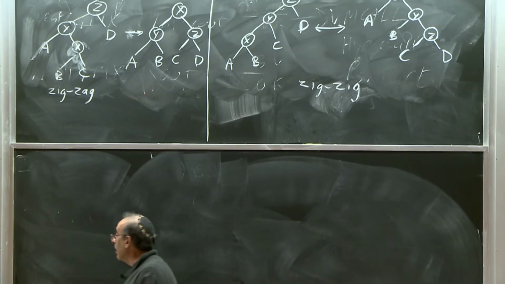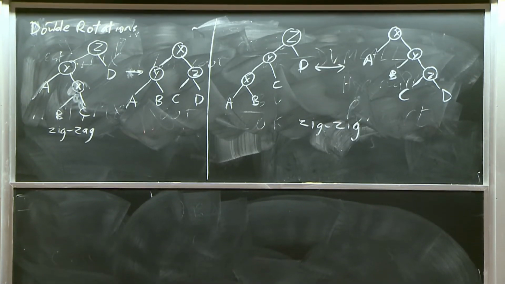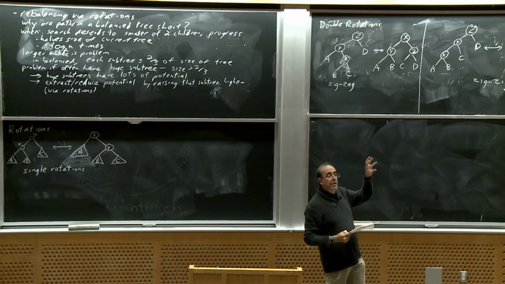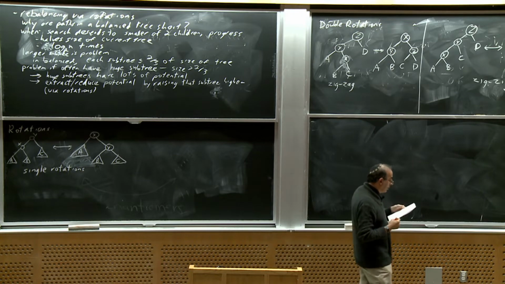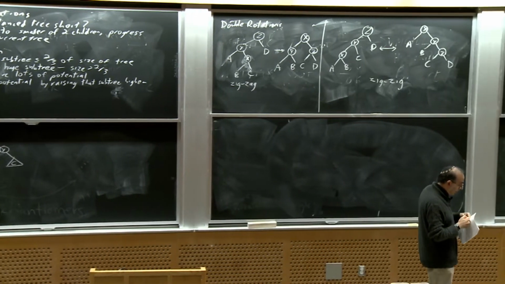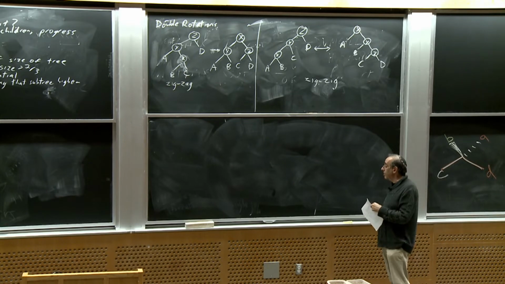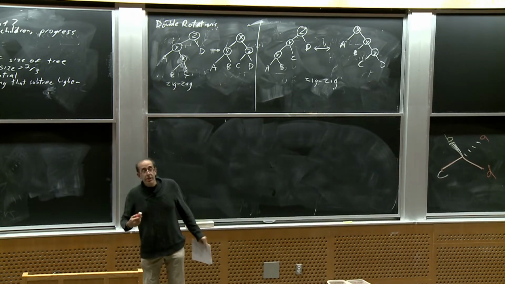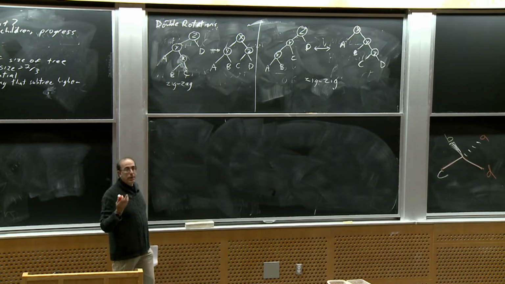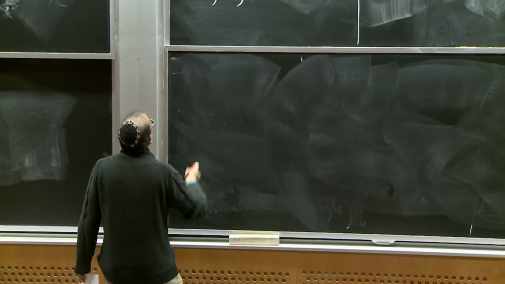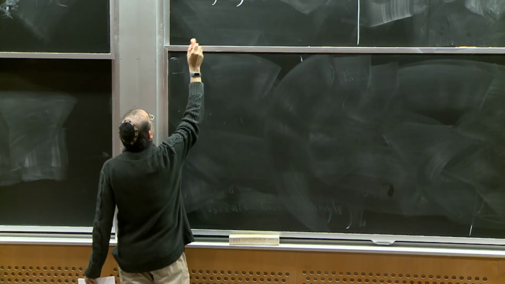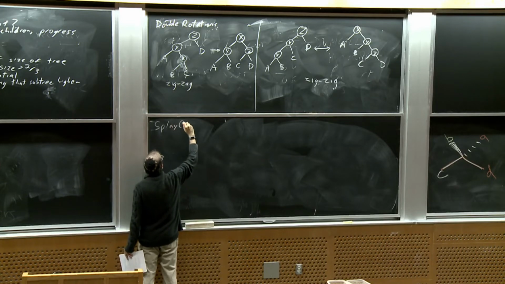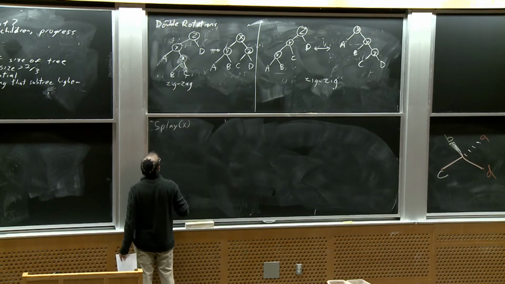So this double rotation is a way of rebalancing a tree locally, just like the single rotations that you use in the more familiar balanced binary search trees. But this turns out to be the only operation that you need in order to define splay trees. So starting from these double rotations, they define a notion of splaying a particular node x.